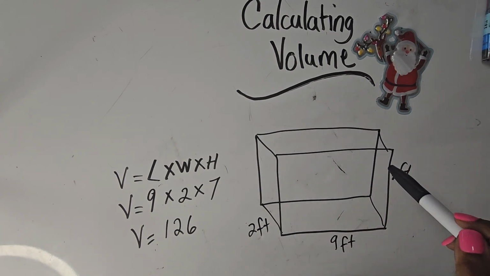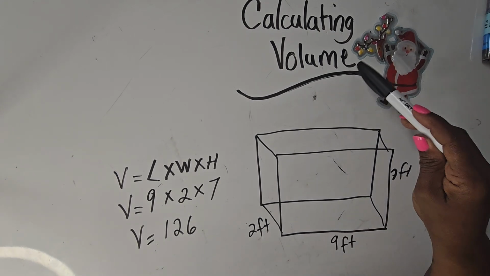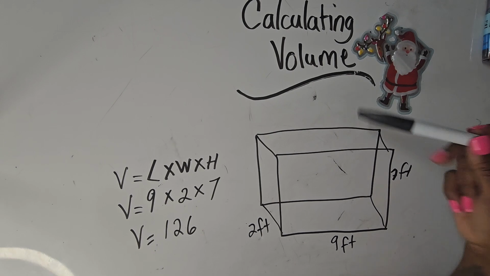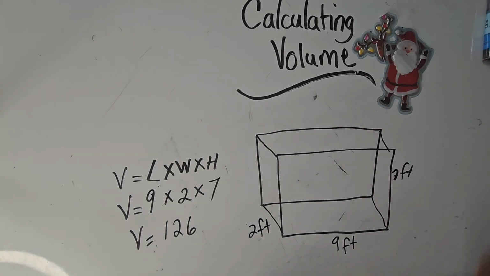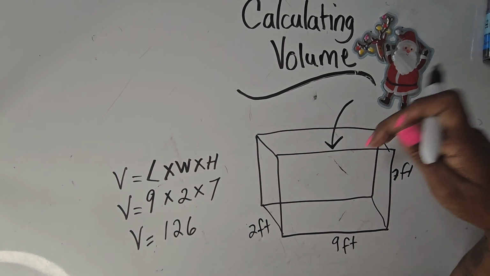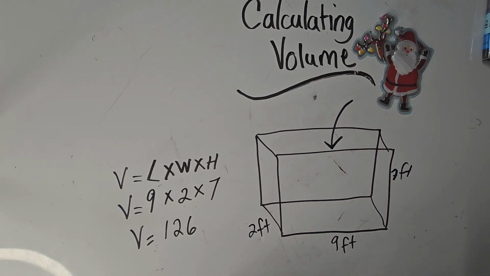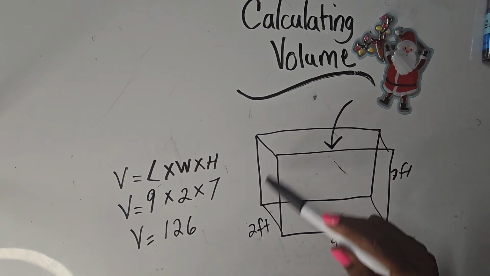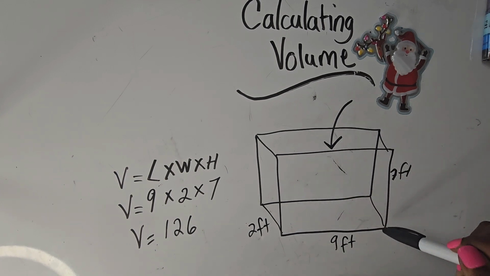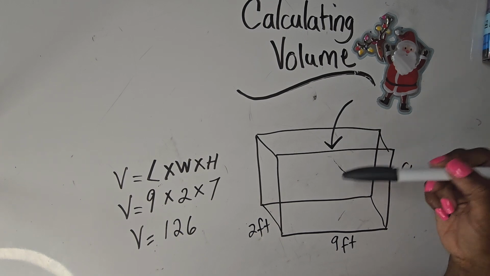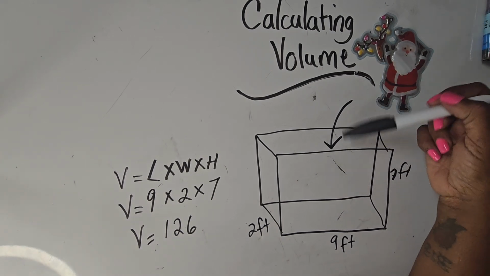This is a solid. And to find the volume of a solid, we're talking about the measure inside the shape. Pretend this is a box and the measure on the inside of this shape. So in order to find the volume, try to use your imagination a little with me.